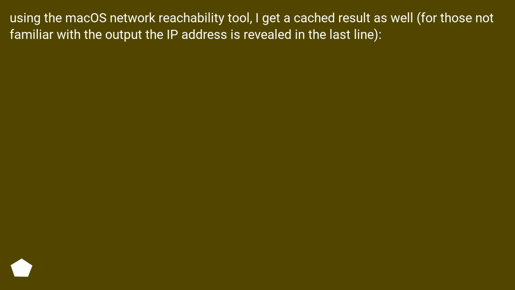Using the macOS network reachability tool, I get a cached result as well. For those not familiar with the output, the IP address is revealed in the last line.